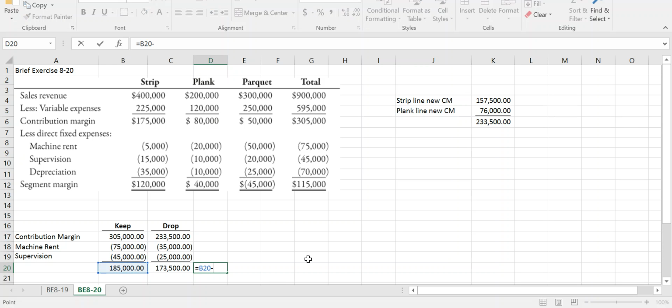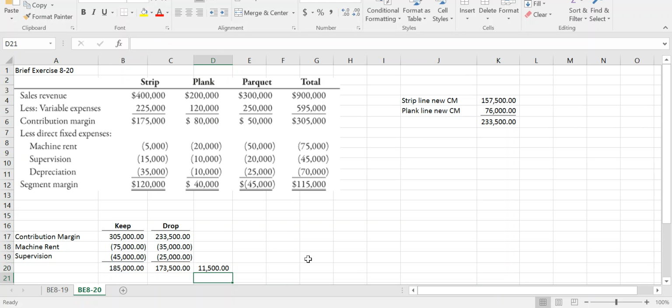So that means by dropping that Parquet line, our company is going to lose out on $11,500.